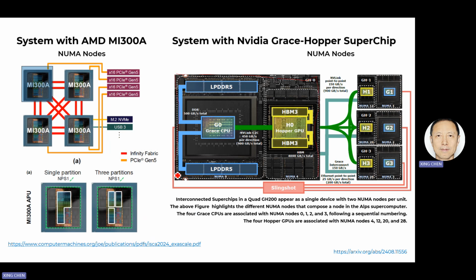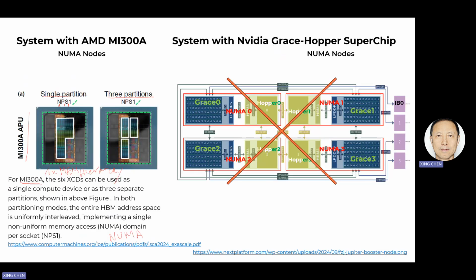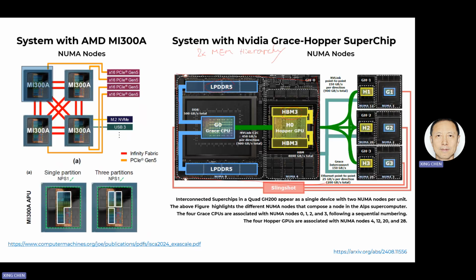What we have on a Grace Hopper superchip is two parts of memory: LPDDR5, that's the memory for the Grace CPU, and HBM3, which is the memory for the GPU. Because you have two sets of memory with different technology, basically you have two memory hierarchies. That means you have two NUMA domains. So my thought was with total naivety. It was totally wrong. And this is the right definition.